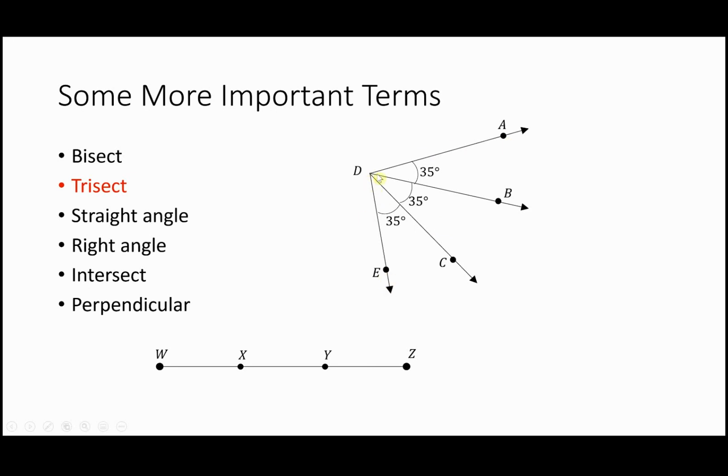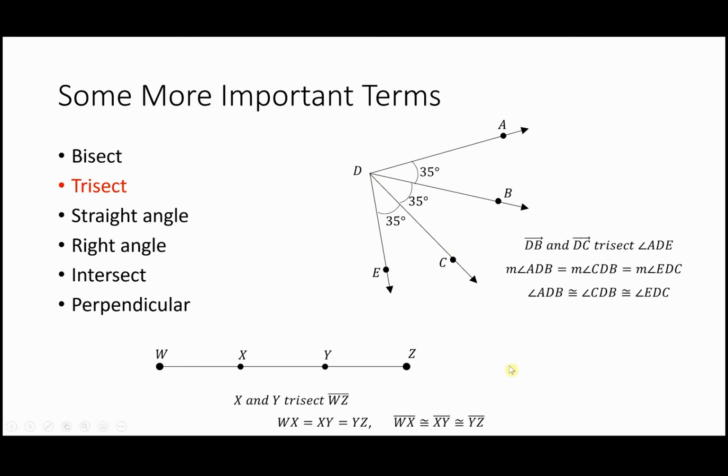In this case, rays DB and DC appear to be trisecting angle ADE. All right, and so here are some corresponding descriptions of what's going on associated with these figures that are 2 examples of a trisection.